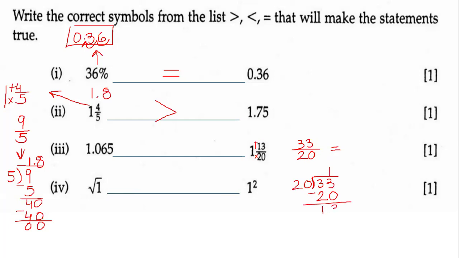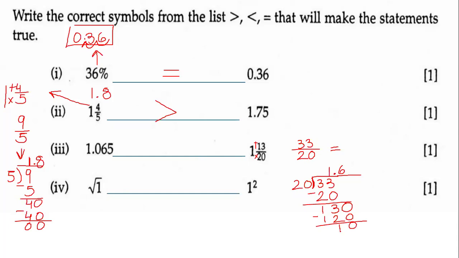13. Put the point, right? That gives us permission to add a 0. How many times does 20 go into 130? 6. 20 times 6 is what? 120. 0 minus 0 is? 0. 3 minus 2 is? 1.